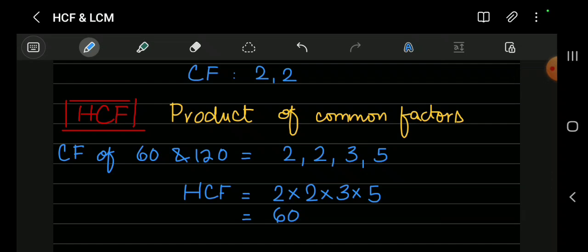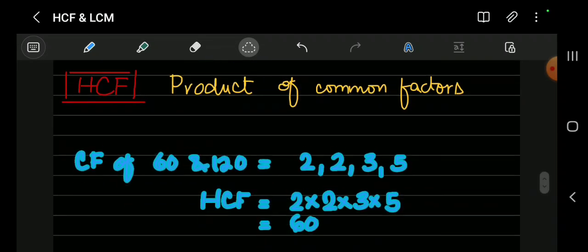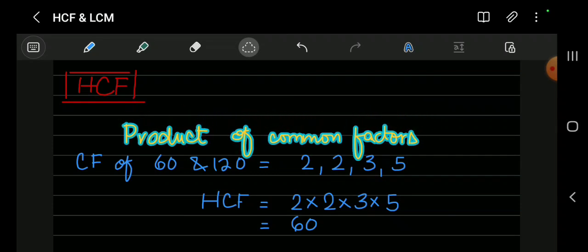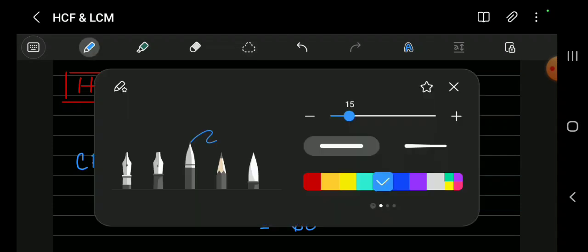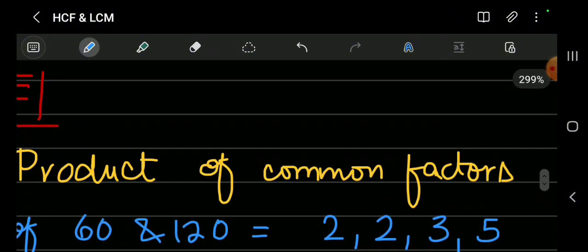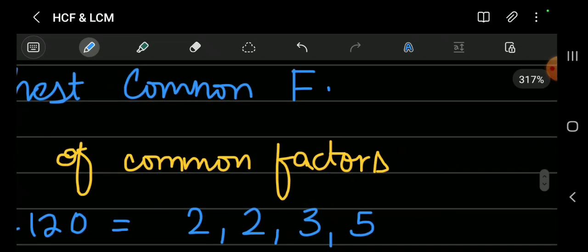What is the abbreviation HCF? HCF is an abbreviation of highest common factor. So let's write that also. Highest common factor.